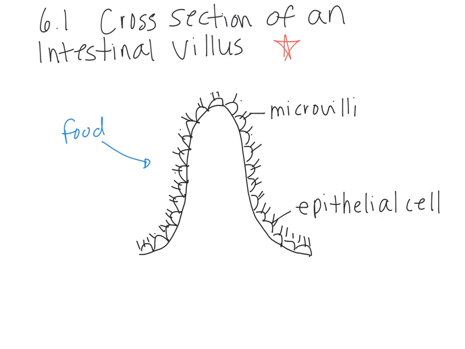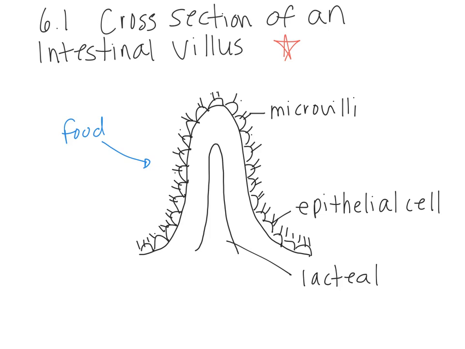Well, they're going to get picked up by one of two main types of vessels. One of them is called the lacteal. The lacteal is part of your lymphatic system. It's responsible for absorbing and transporting those digested lipids.